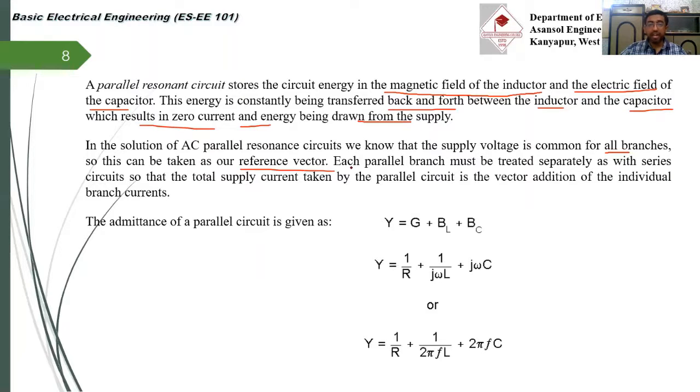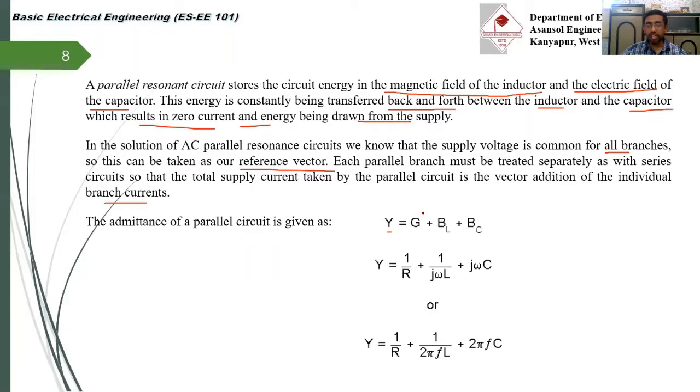As said, each parallel branch must be treated separately as with series circuit, so that the total supply current taken by the parallel circuit is the vector addition of the individual branch currents. Okay. The admittance of the parallel circuit is given by Y equals G plus BL plus BC.